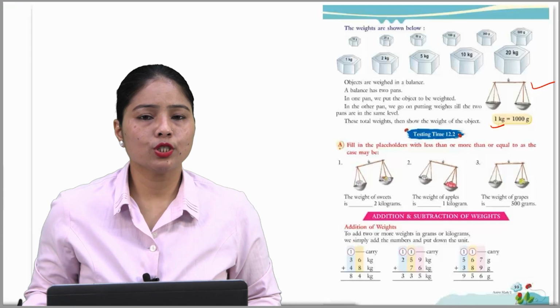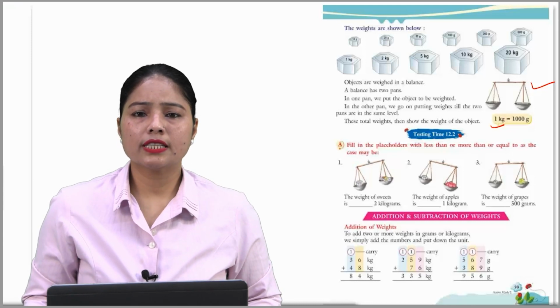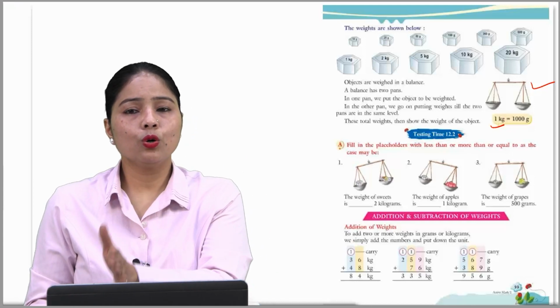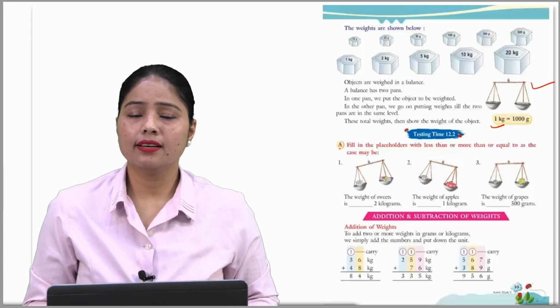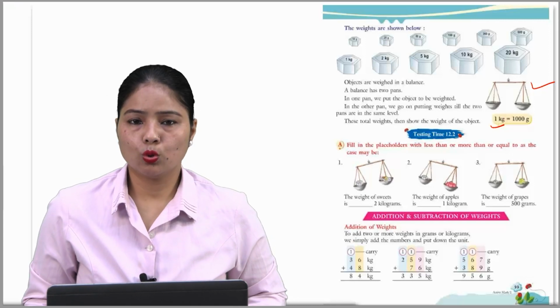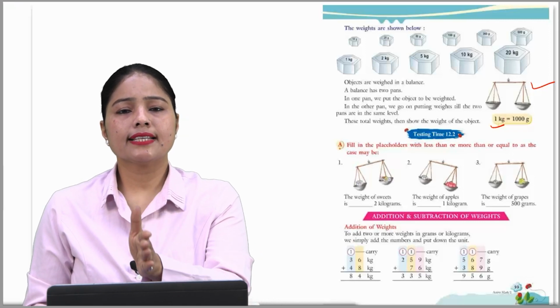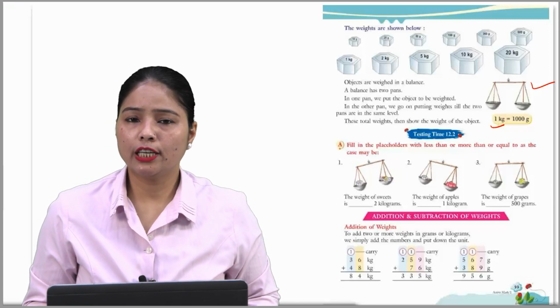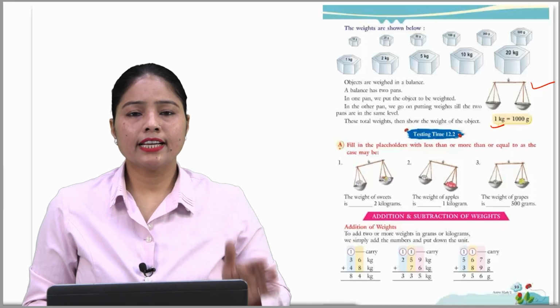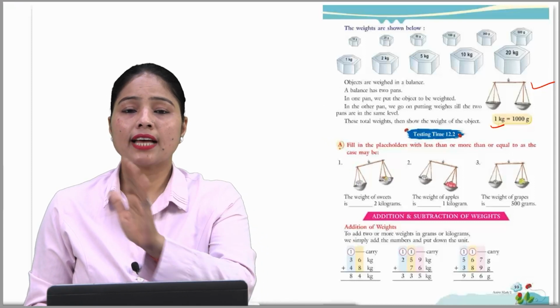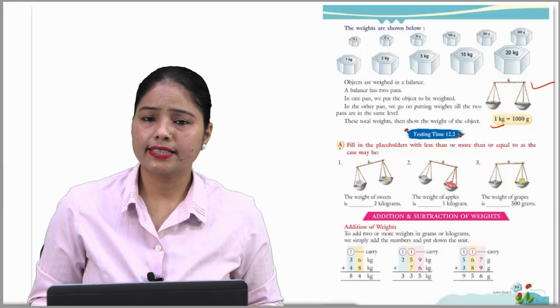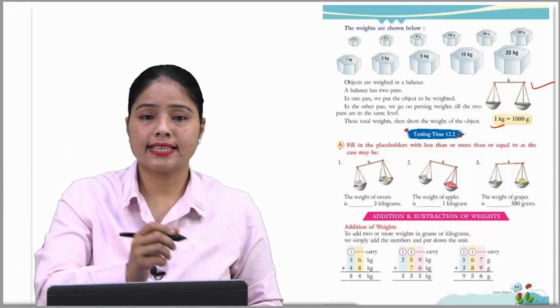Testing time 12.2. Fill the placeholders with less than or more than or equal to as the case may be. So the weight of sweets is more than, less than or equal to 2 kilograms. So आपको बताना है जो sweets का जो weight है ये ज़्यादा है कि कम है. We can see that easily ये हमारा है less than.